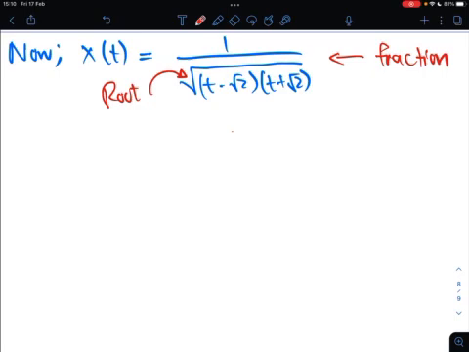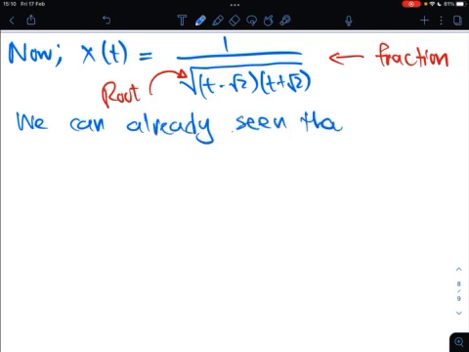We can already see that t can never be equal to plus or minus root 2, because every time t is plus or minus root 2, we have zero in the denominator, which is not allowed. So those two values are excluded.